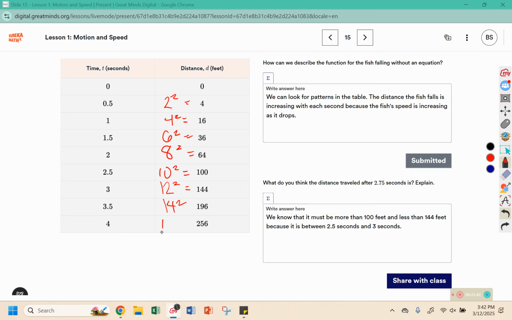And 16 squared is 256. So you might even consider that in between 2.5 and 3, in between 10 and 12 is 11. So maybe it's 11 squared, which would be 121. And 121 is between 100 and 144, so that's a possible solution.